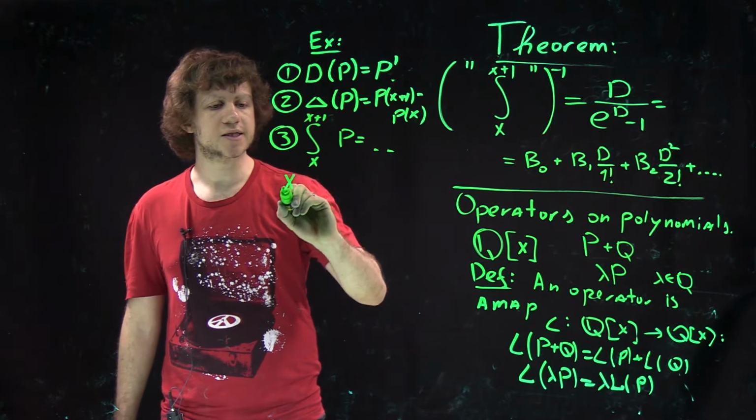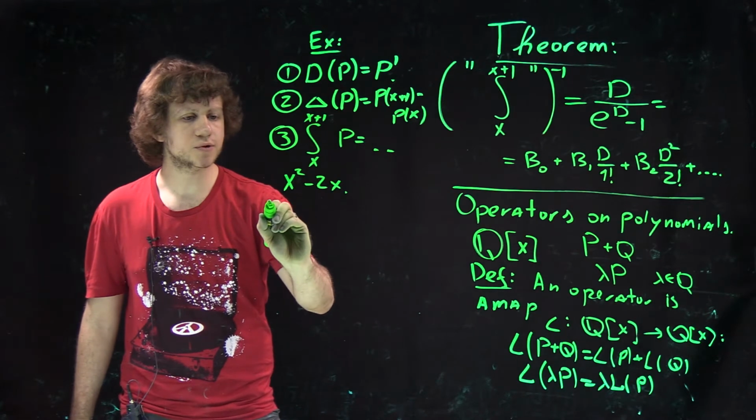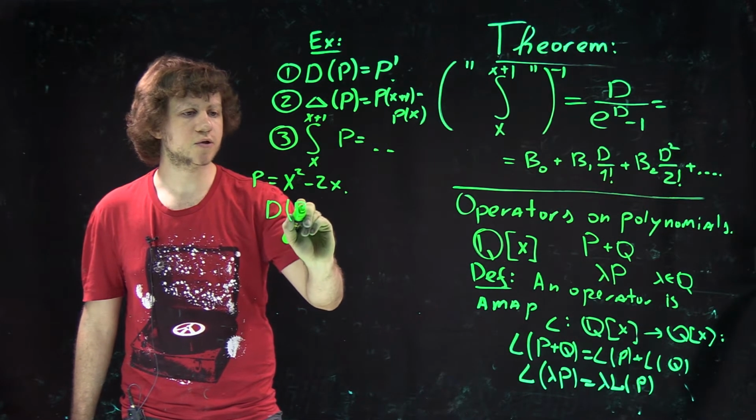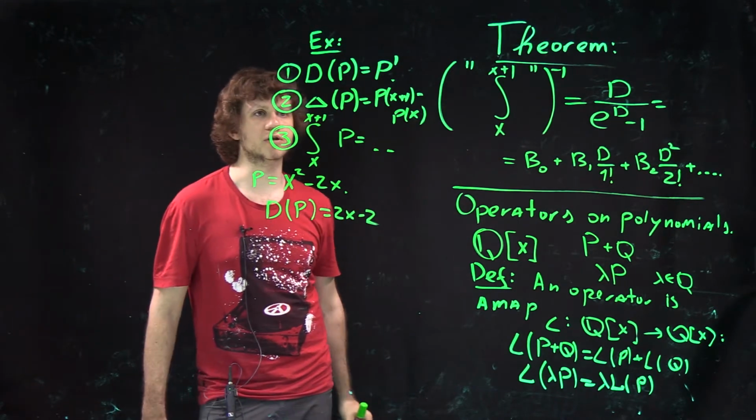Let me do an example. Let's take x squared minus 2x. If I apply d to this p, it is equal to 2x minus 2. Perfect, that's the usual derivative.